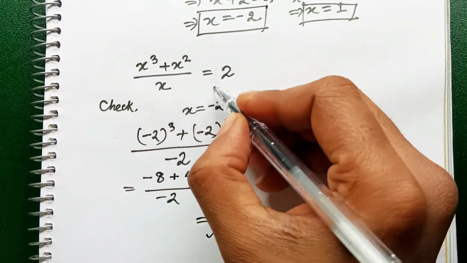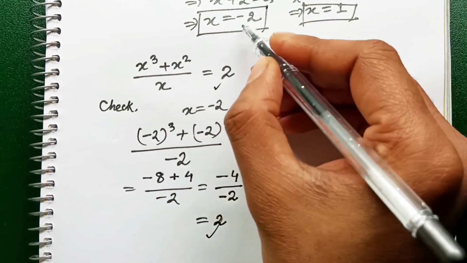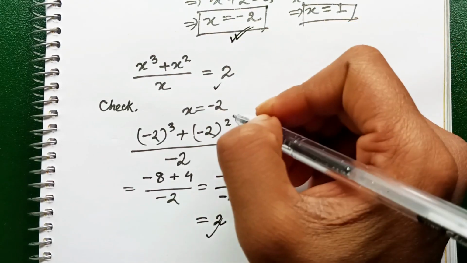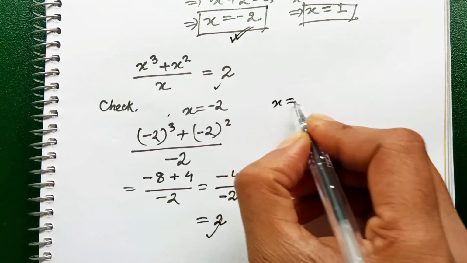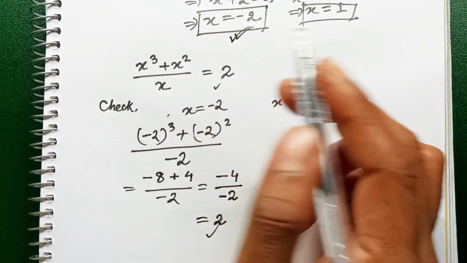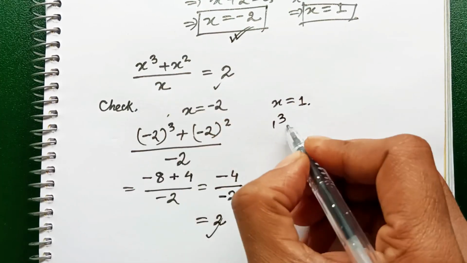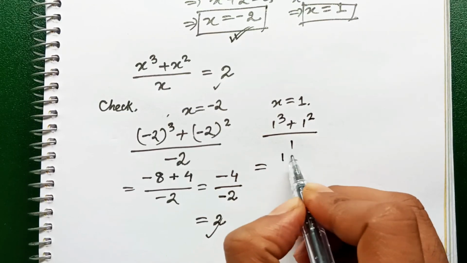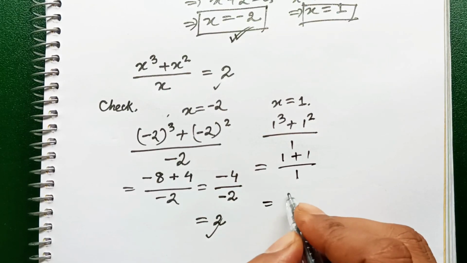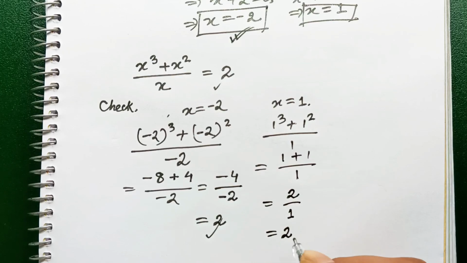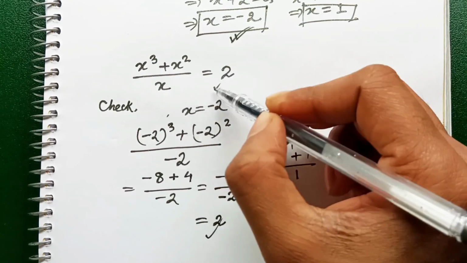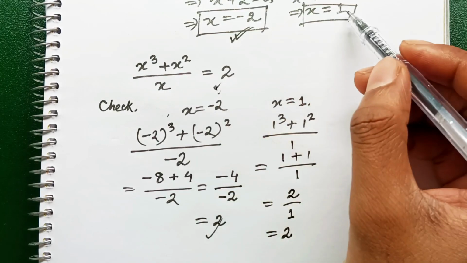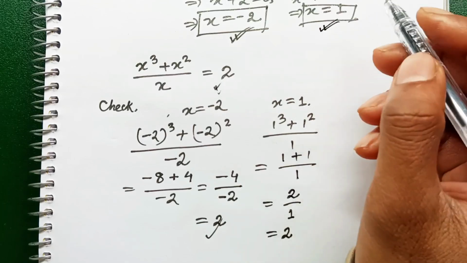That matches our right side perfectly, so negative 2 is a solid answer. Next, let us test x equals 1. If we plug in 1, we get 1 cubed plus 1 squared over 1, which simplifies to 1 plus 1 over 1, giving us 2 over 1, which is just 2. Since that also matches the right side, x equals 1 is definitely correct.